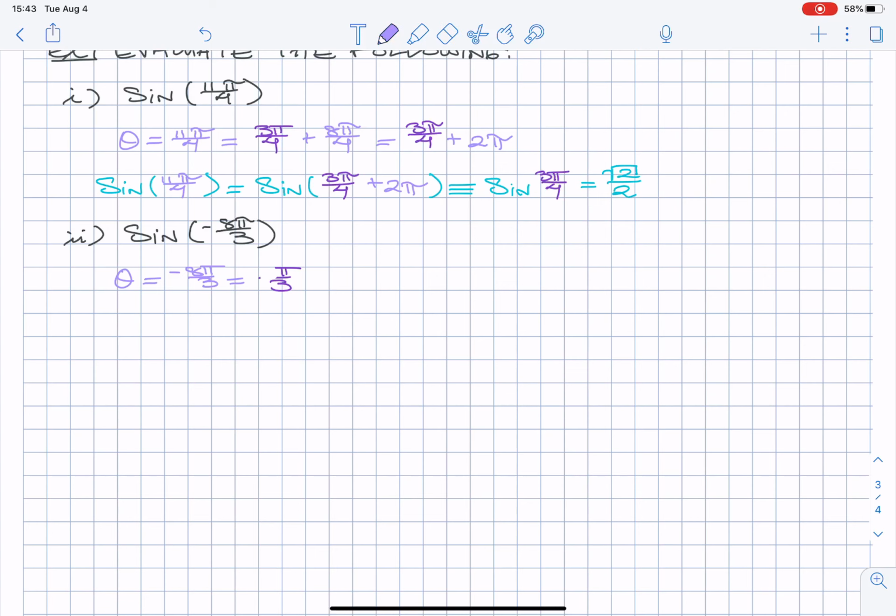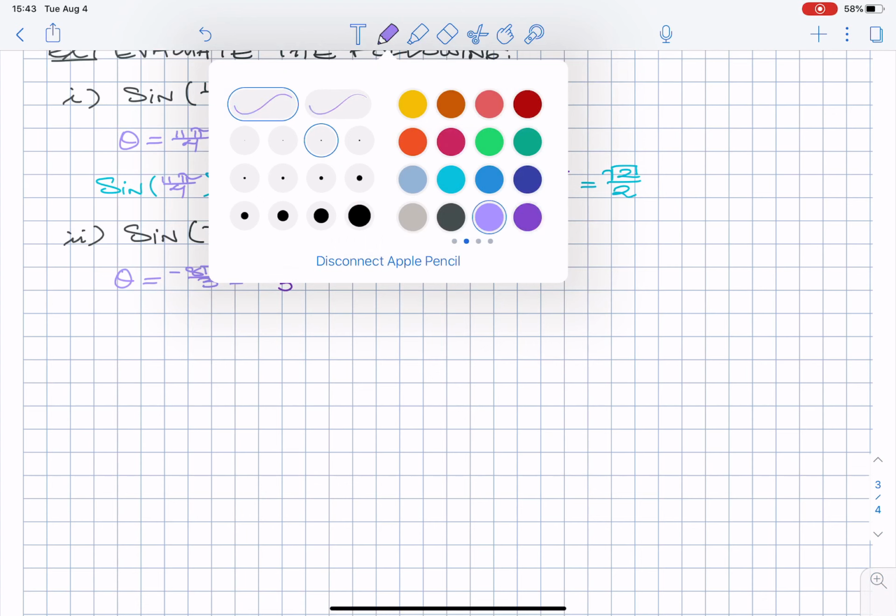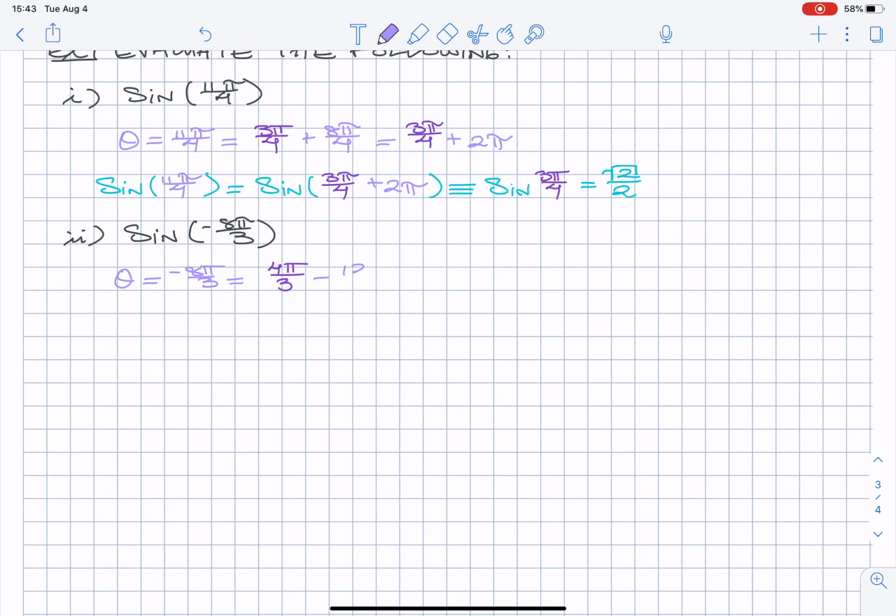Let me write this as 4 pi over 3. And what would I have to subtract to get to negative 8 pi over 3 from 4 pi over 3? Why am I writing this as a negative? Do as I say, not as I do. So I would have to subtract 12 pi over 3.